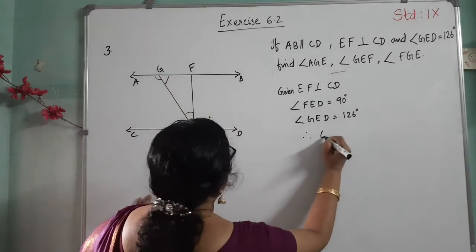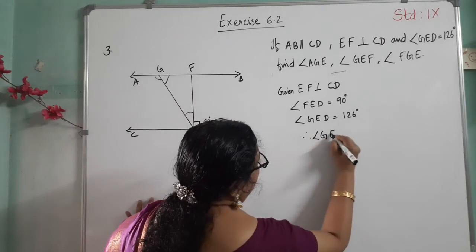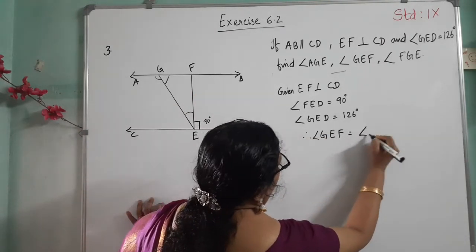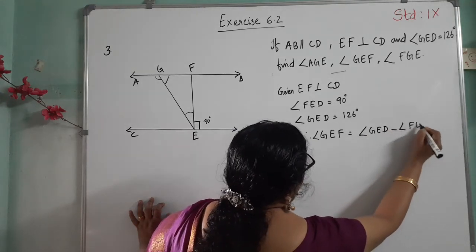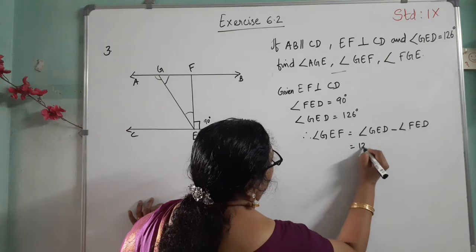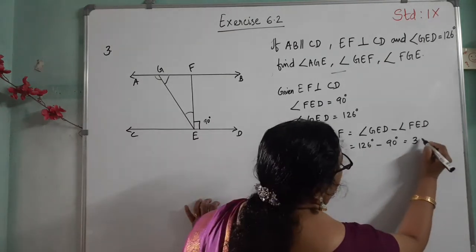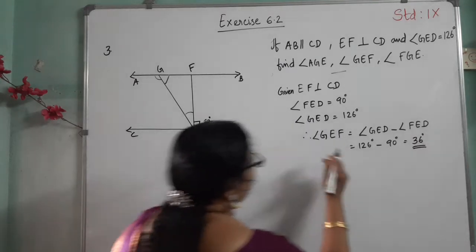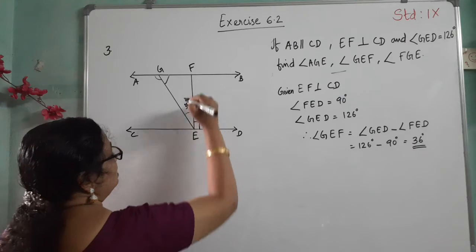Therefore angle GEF equals angle GED minus angle FED, that equals 126 degrees minus 90 degrees, which equals 36 degrees. So angle GEF, this angle, we find out is 36 degrees.